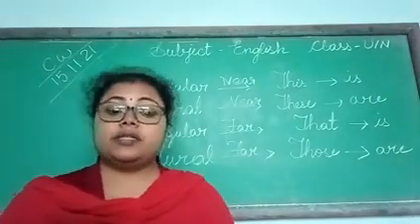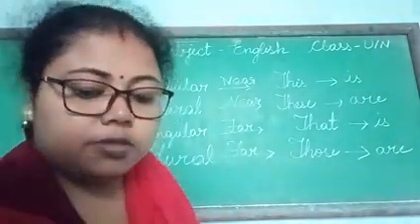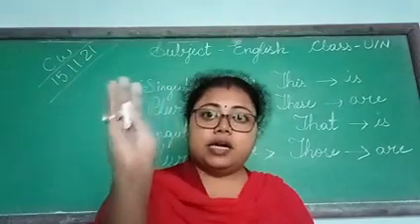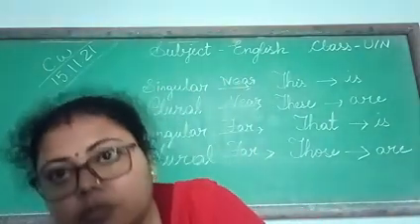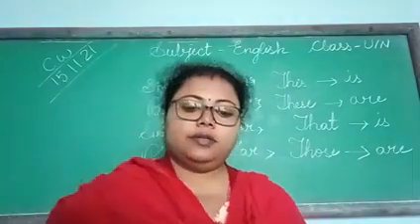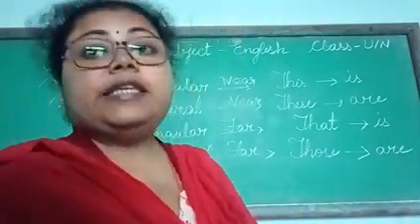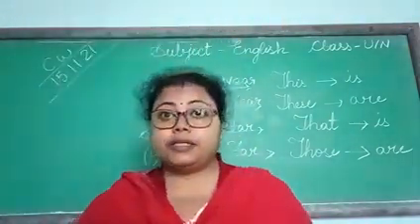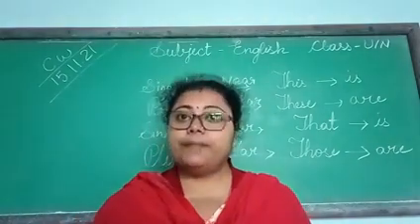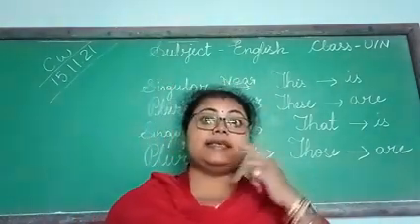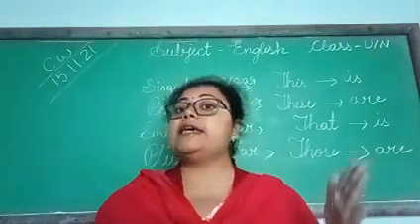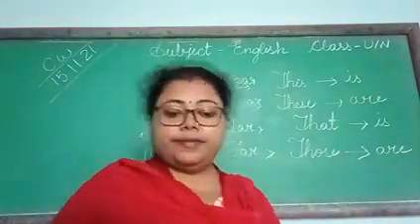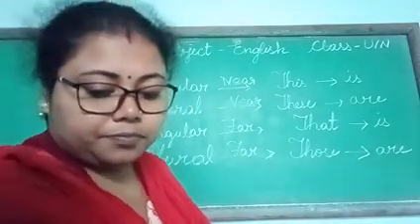Like, these are chalks. These are chairs. Or those are benches. So you are saying these and those, and beside that you are using are. Understand?